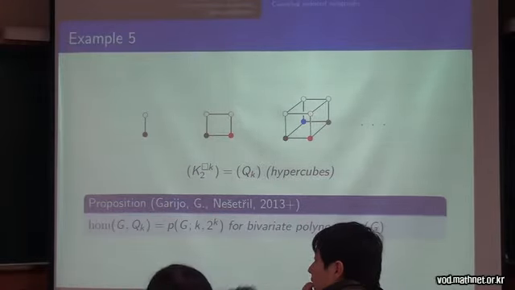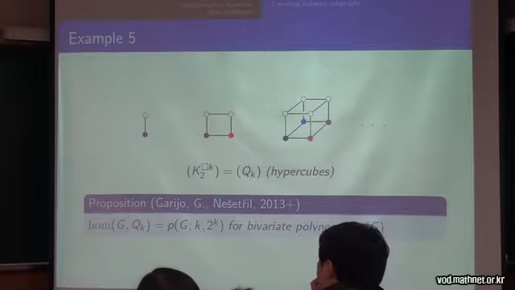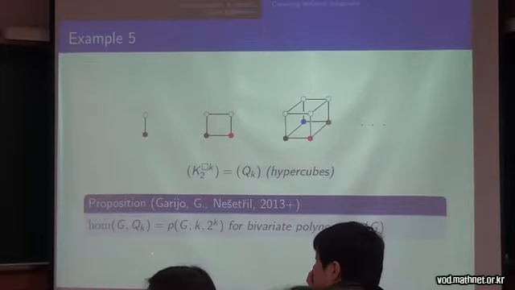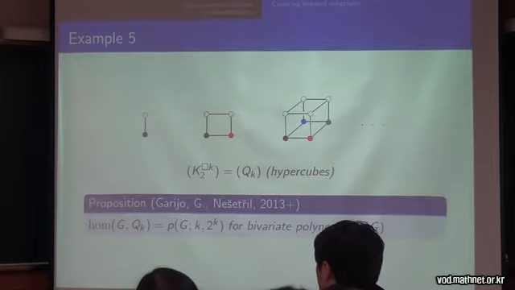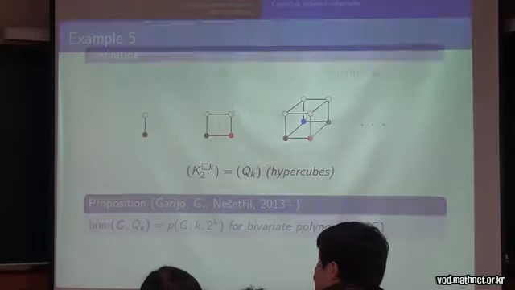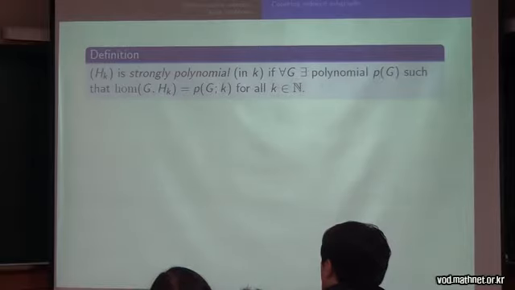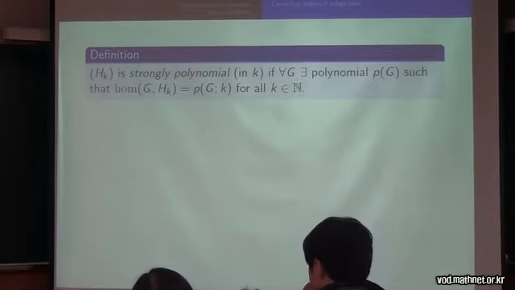Because otherwise you do get a polynomial, but it's sort of the choice. So it's key that this p of g is the same thing for every value of k. Otherwise, you can do it all the time, because the homomorphism count is some polynomial, but it changes what it is.